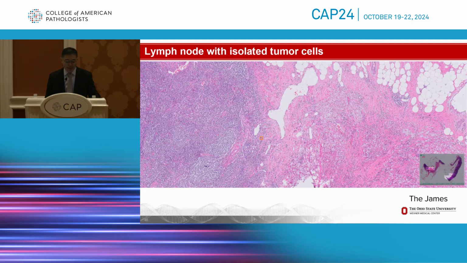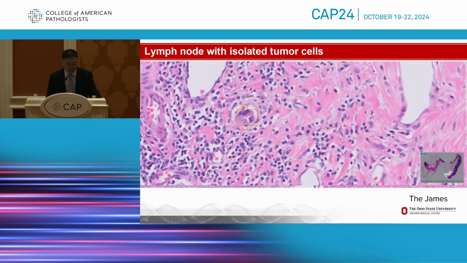Here is another example of a lymph node from a breast cancer patient. I believe this patient received neoadjuvant chemotherapy. On the right, you can see those therapy-related changes. Then the AI tool highlighted this very small focus of abnormal cells. This is a focus of isolated tumor cells.